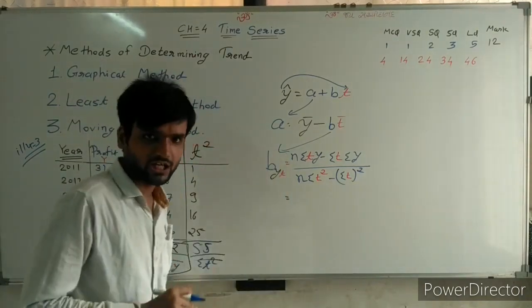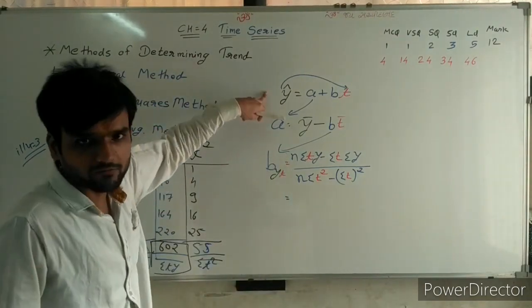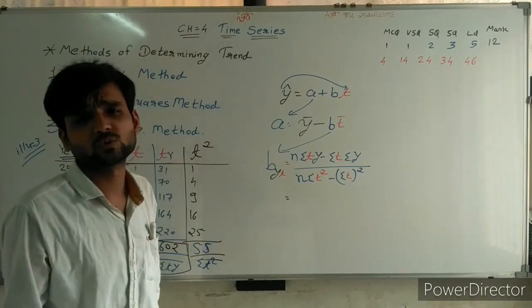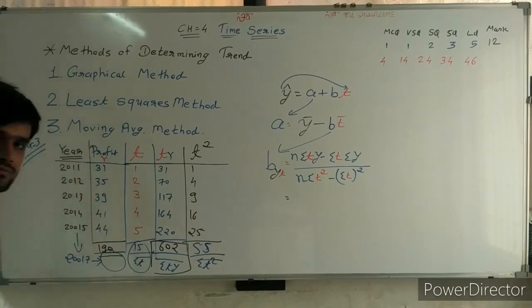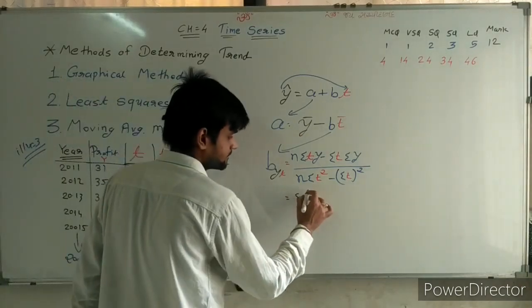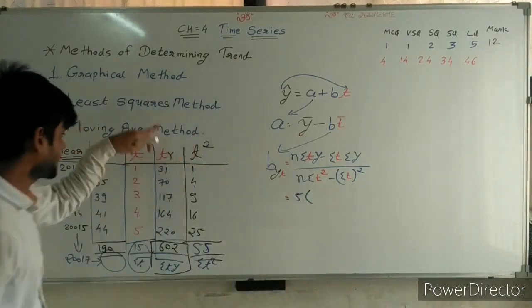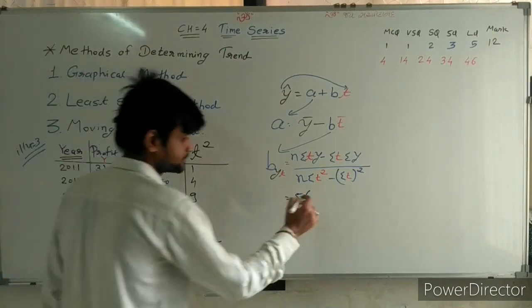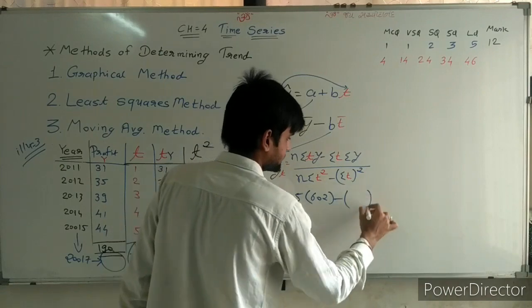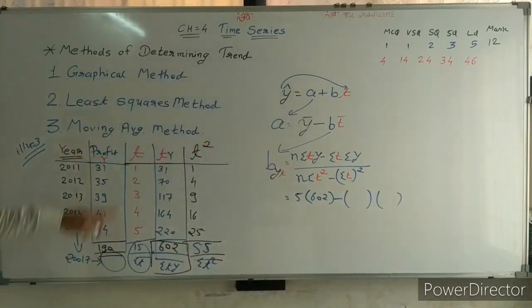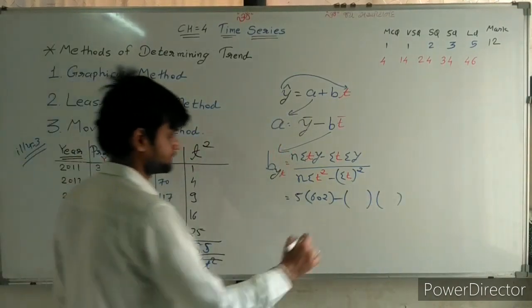First of all we are finding b, then we are finding a, then we are finding y cap. Simplest one, sir. So n is 1, 2, 3, 4, 5. 5 years are given. Sigma ty, 602. Sigma t, sigma y. Sigma t 15.